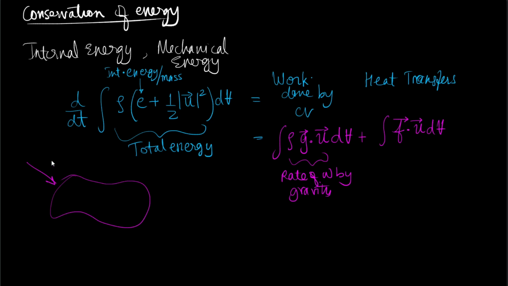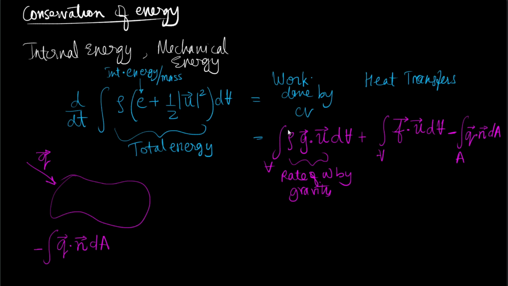So if the heat flux, that is the heat per unit area, is q, then the heat entering into the system will be integral q dot n dA with a negative sign to indicate that this is the influx of heat. So this will include another term, minus integral q dot n dA over the entire surface.